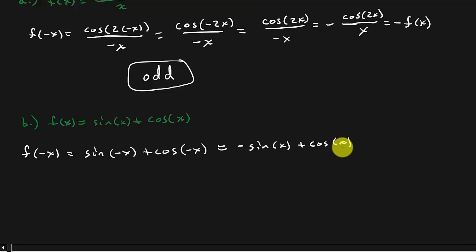Using those odd and even identities that we had just a while ago. All right, so I plugged the negative x in, I simplified. Did I get what I started with? No. So we know it's not even. So now what we want to do, let's factor out a negative.